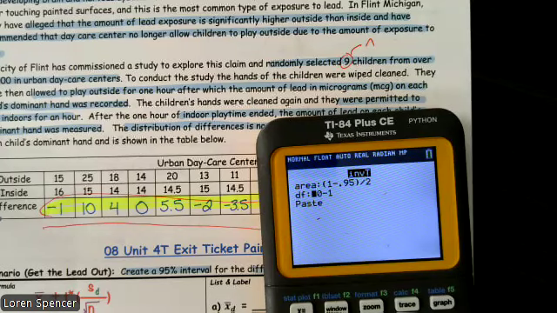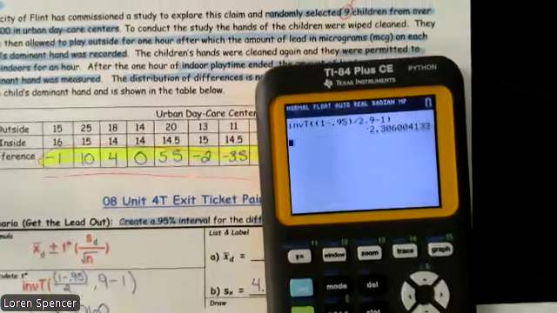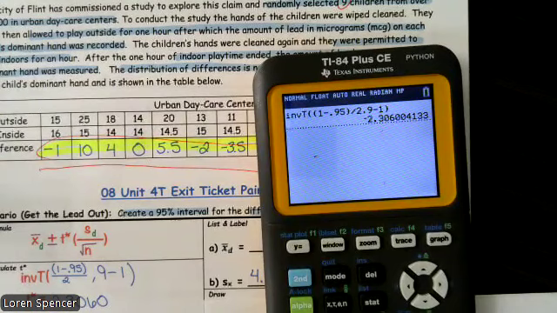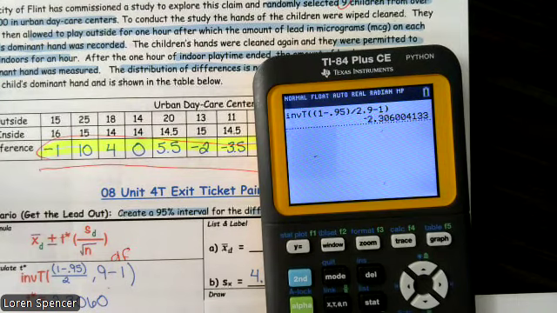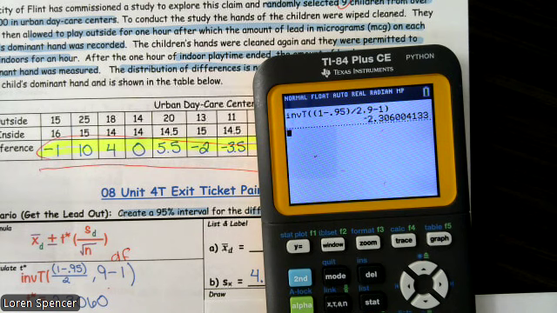Degrees of freedom in this case are 9 kids minus the 1. And we end up getting a t-star of 2.306. This is the way you would show your work. This 9 minus 1 is obviously the degrees of freedom, so we have 8 degrees of freedom in this case.